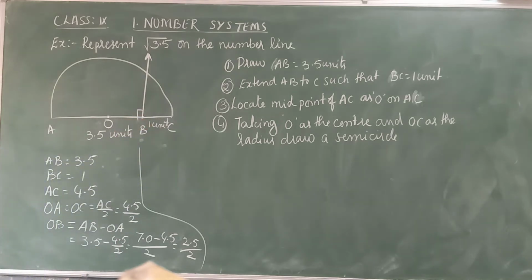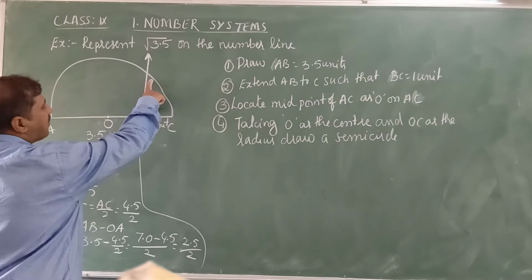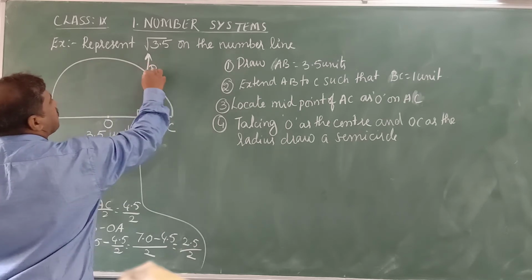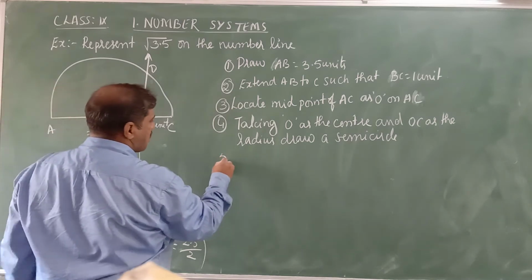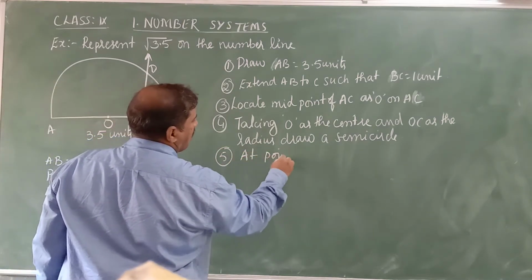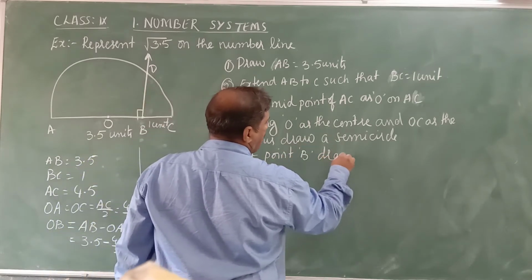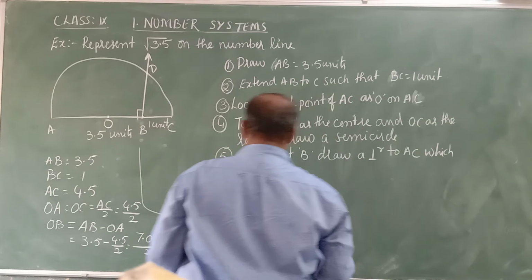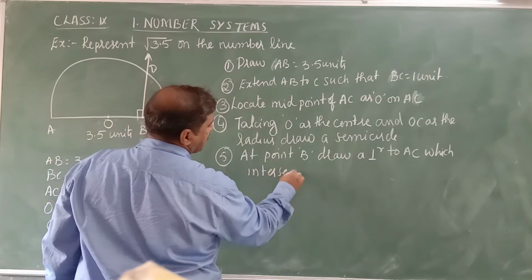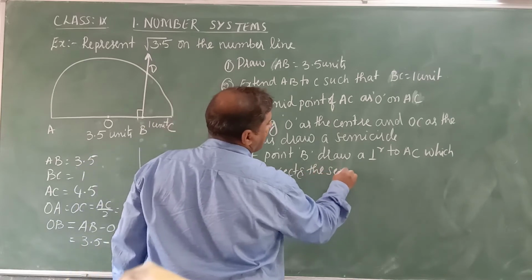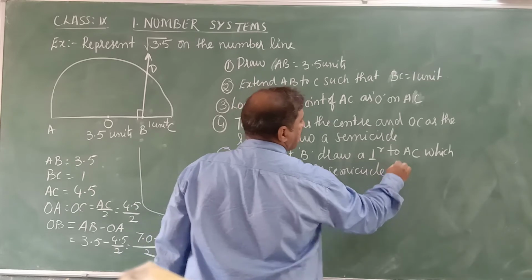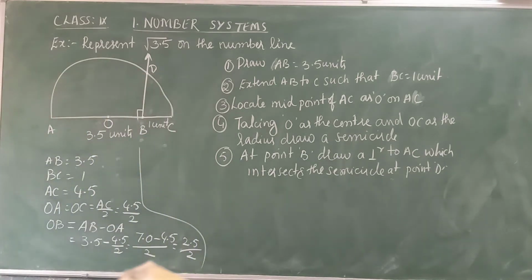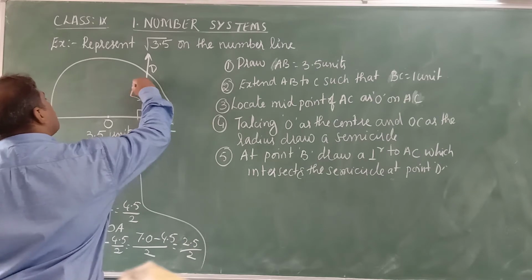You can use a protractor or a compass to draw it. The perpendicular from point B to AC intersects the semicircle at point D. So this point is D. So the fifth step: at point B, draw a perpendicular to AC which intersects the semicircle at point D.